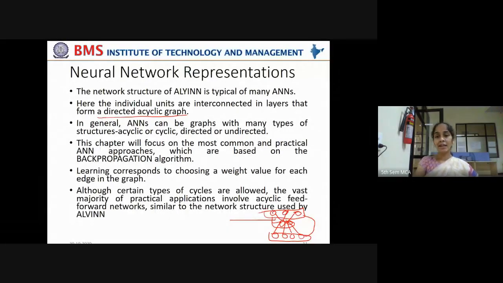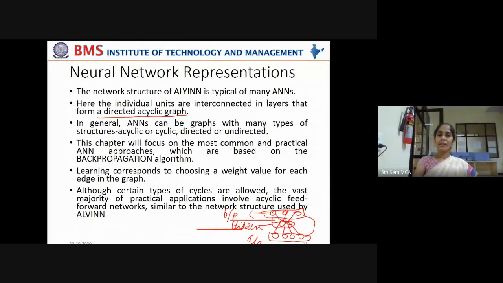Why do we call it directed? All the input is given to the hidden layer, and all the output of the hidden layer is given as input to the output layer. This is the input layer. Now all the input layers give input to the hidden layers. This is the hidden layer, and all the output of the hidden layer is taken as input to the output layer, which further gives the result.